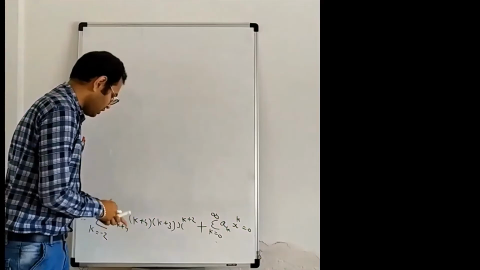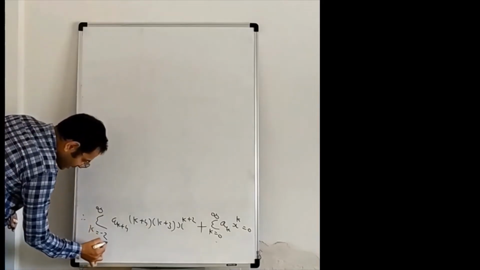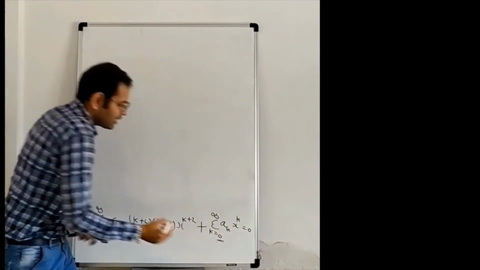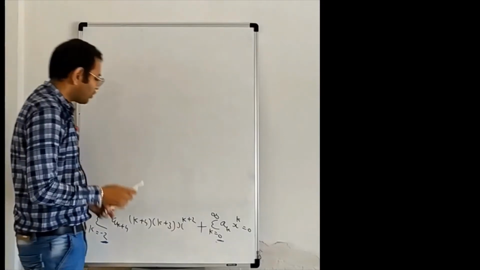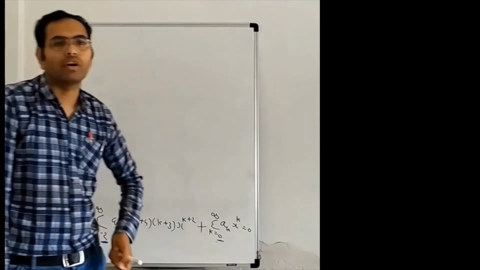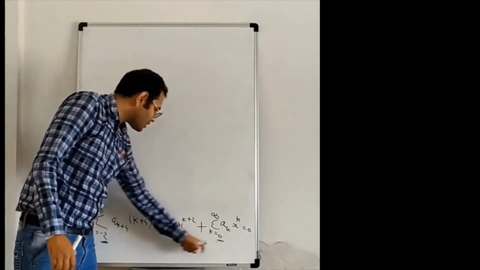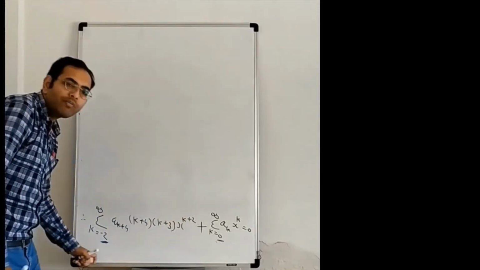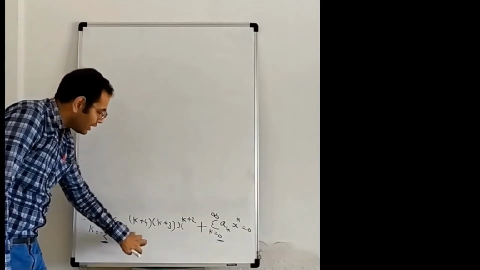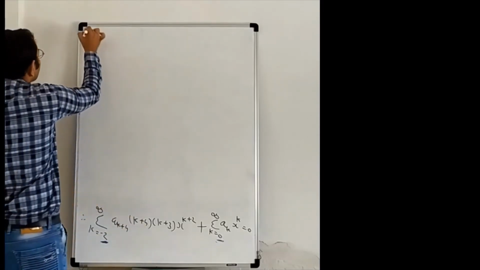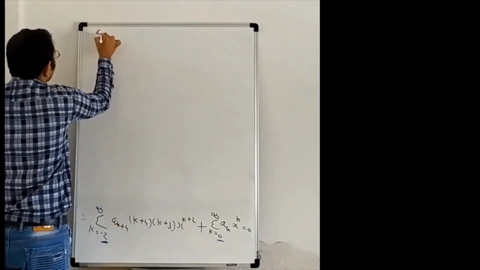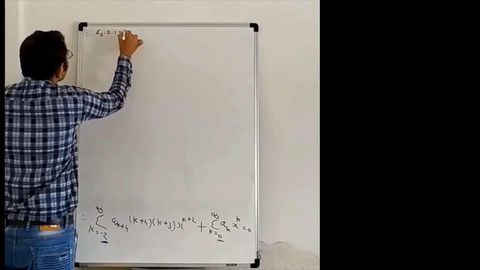In this equation, the first term has summation index minus 2 and the second term has summation index 0. To make the same summation index in both terms, the highest summation index is 0. Then put the values k equal to minus 2 and minus 1 in the first term. First, putting k equal to minus 2, we get a2 into 2 into 1 x raised to 0.